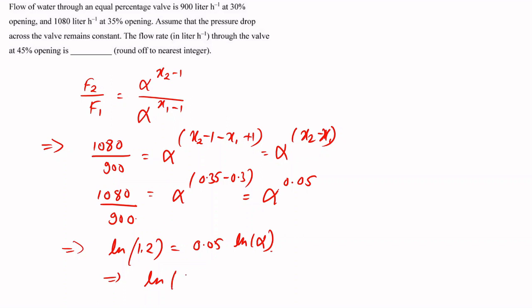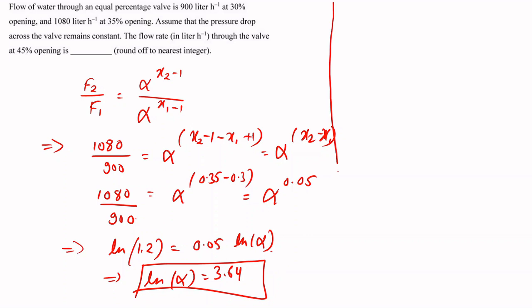That is, the value of ln of alpha will be ln of 1.2, which is 0.1823, divided by 0.05. So that is 3.64. So we will be using this value for our next case, in which we have been asked to find the flow rate at 45% opening.